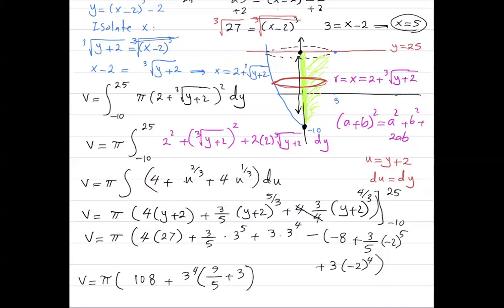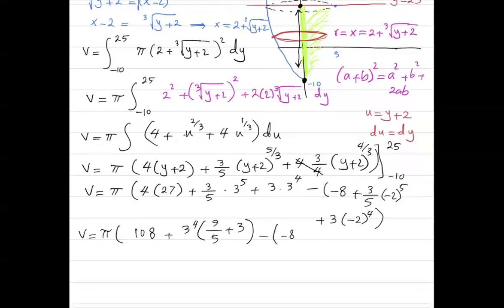And here I get -8 plus 3/5 times -2 to the power 5, so you get -32. And here you have plus 3 times 16.